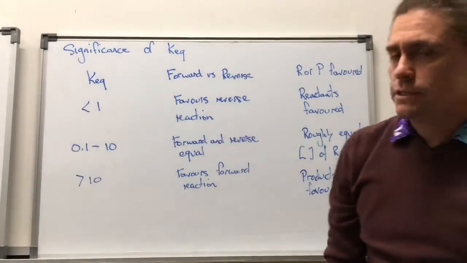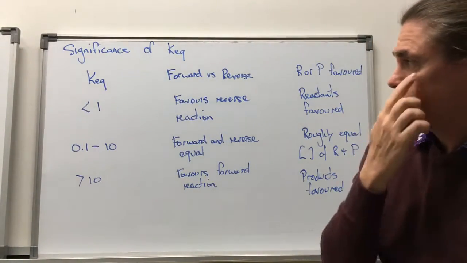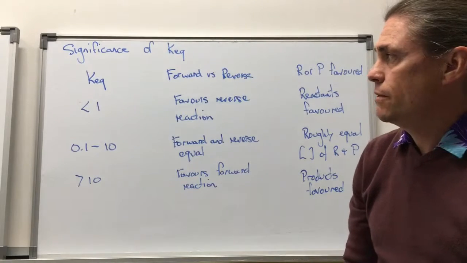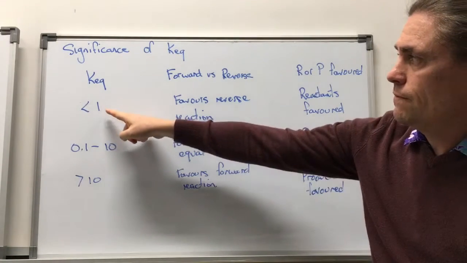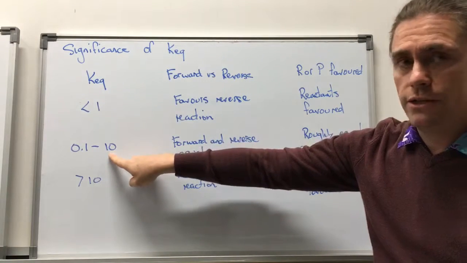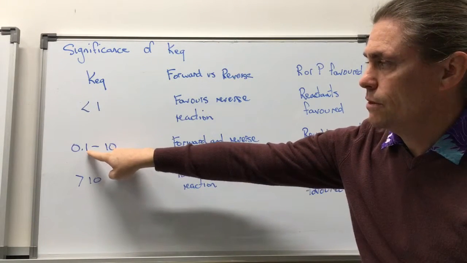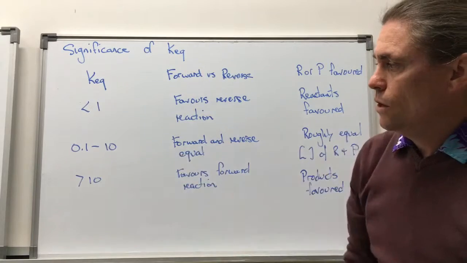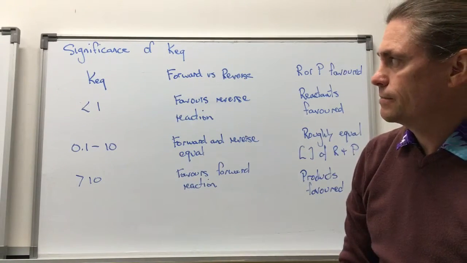So what's the significance of this equilibrium constant? We've got 3 possible scenarios. First of all, if the equilibrium constant is less than 1, if it's somewhere in the range of 1, so I've put here 0.1 to 10, or if it's greater than 10.